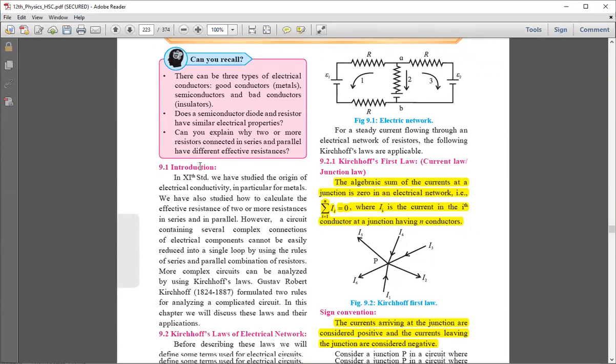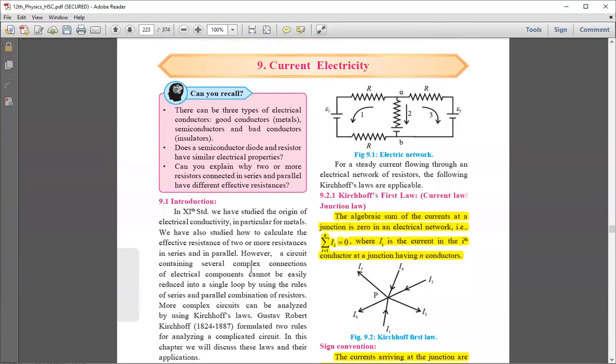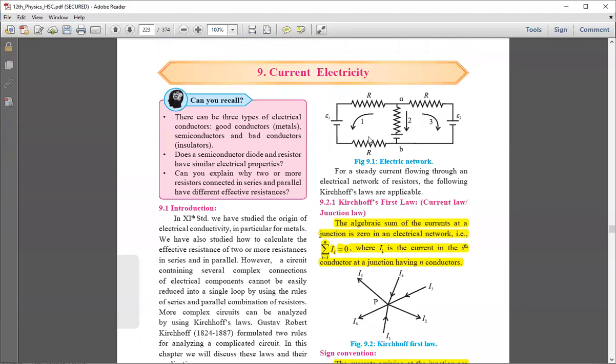Okay, and the other remaining terminology is loop. What is loop? Any closed conducting path in an electrical network is called a loop, or the other name is mesh. Remember this name, mesh. So in this electrical circuit, how many loops are there? Any closed path. The closed path can be of any shape. Most of the time we get confused with the word loop.